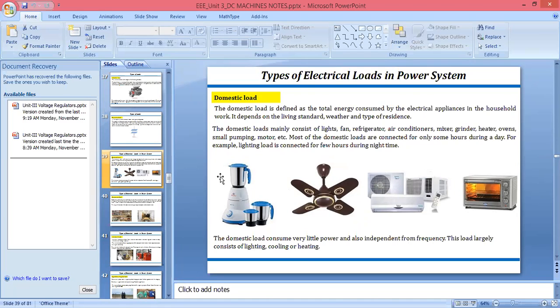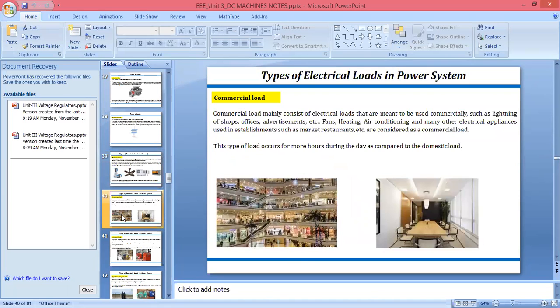Now we have to see about the commercial load. If we are using any electrical devices for commercial purposes, here we are giving lighting to the shops. If you see the office structure, there are a number of chairs, and here also we are giving lots of lighting.